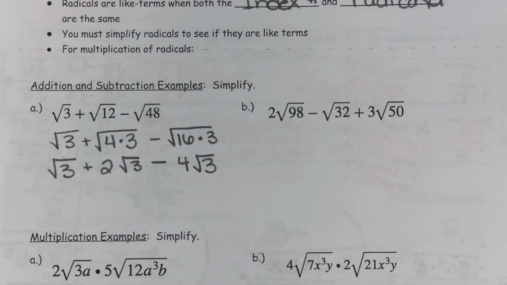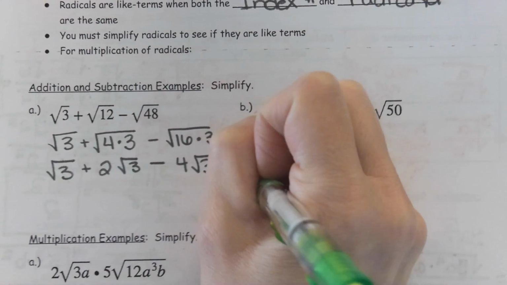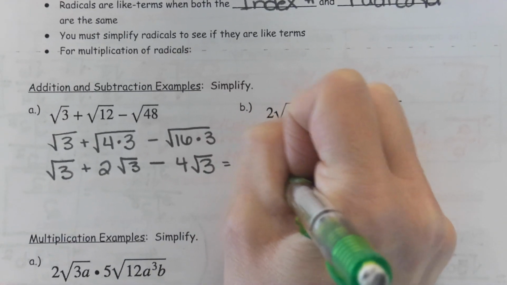Think of it like if Susie has 100 oranges and Billy gives her 200 more, now she has 300 oranges, right? So think about the roots as like the things. If I have one of the things plus 2 more, how many do I have? 3 of the things minus 4, negative 1. So overall, I have negative 1 root 3's.